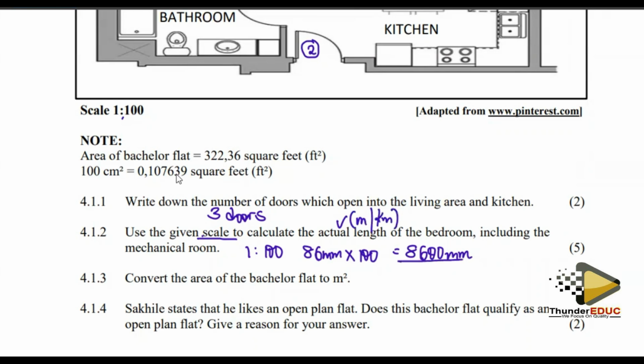So we change this to meters because definitely you cannot have a room that is in kilometers. I have 8,6 meters. 5 marks, how were they given? You measured, you multiply by 100. You divide by 1,000. The final answer, you have it there.